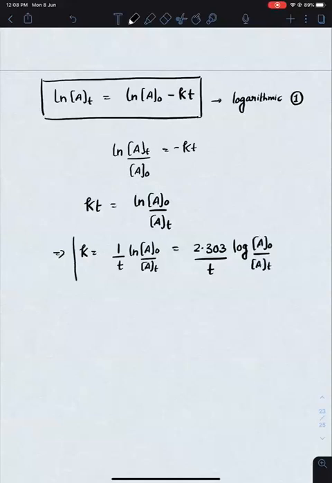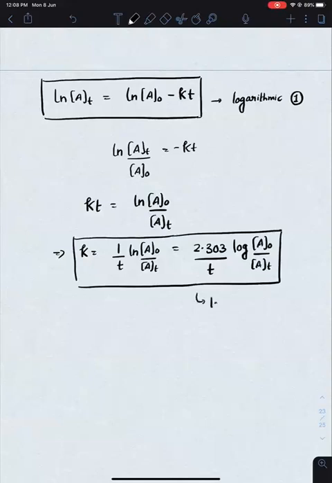This is another form of logarithmic expression. ये भी logarithmic expression है. Either you can have expression 1 or you can also have expression 2. Logarithmic form 2. Okay, clear है दोनों?